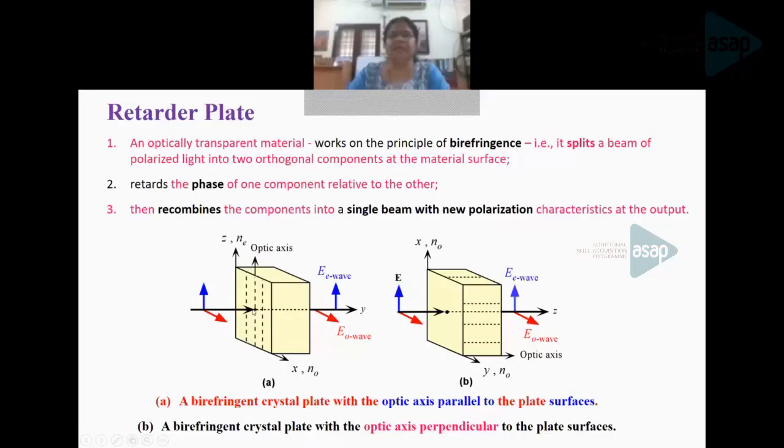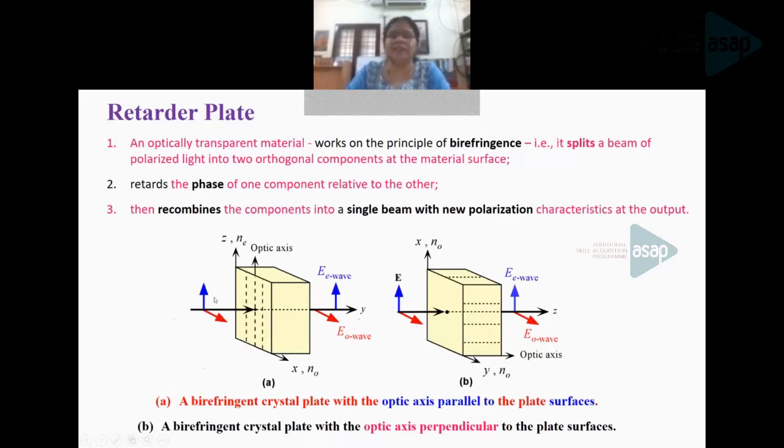So here, the input wave is incident, this linearly polarized light is incident on the surface, normally to the optic axis. Then it won't split into two, because this is the property of these two cases.